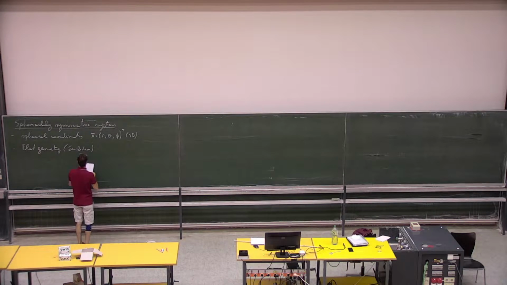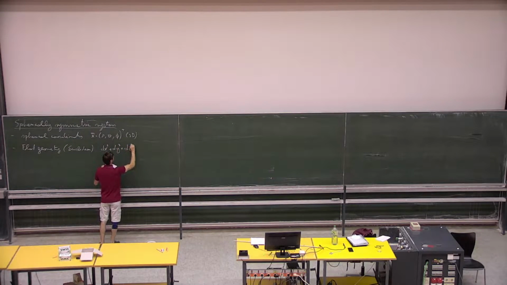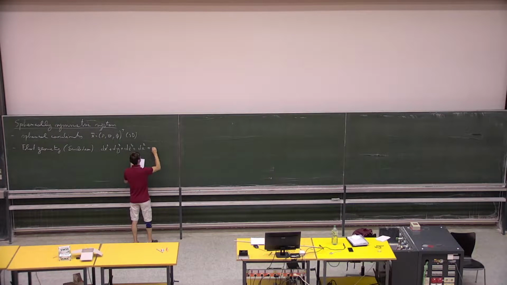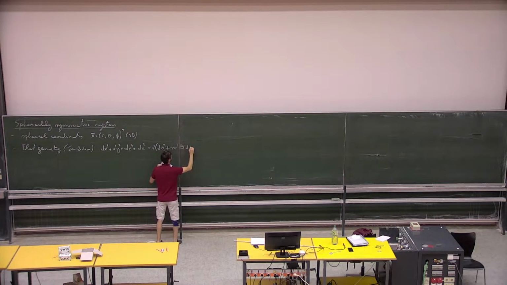Then the interval for the space component, again I'm restricting myself to 3D, so the dx squared plus dy squared plus dz squared is equal to dr squared plus r squared d theta squared plus sine squared of theta d phi squared.